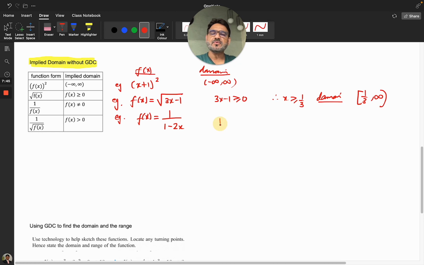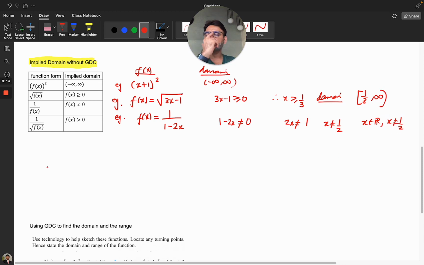You do 1 minus 2x is, the denominator can't be 0. Remember that. You can't divide by 0 basically. It can be any number on top, doesn't matter. Your domain will always be denominator not equal to 0. So 2x is not equal to 1, so x is not equal to half. That's my vertical asymptote basically. So x belongs to the set of real numbers, x is not equal to half.